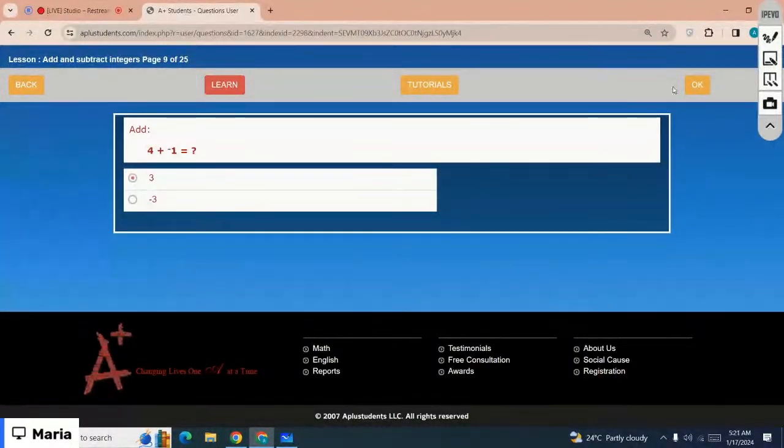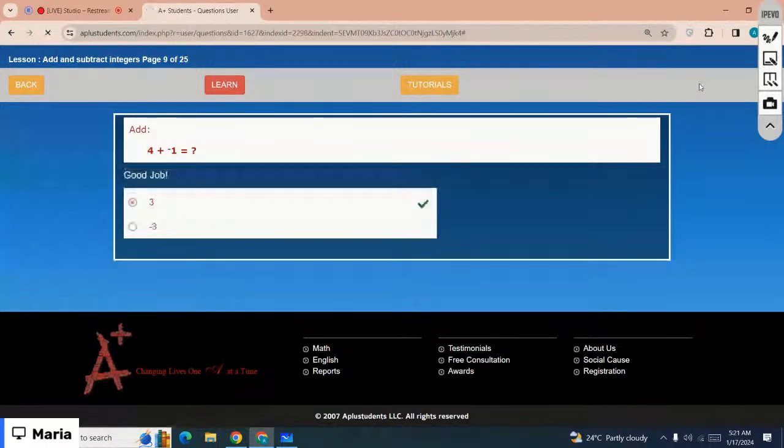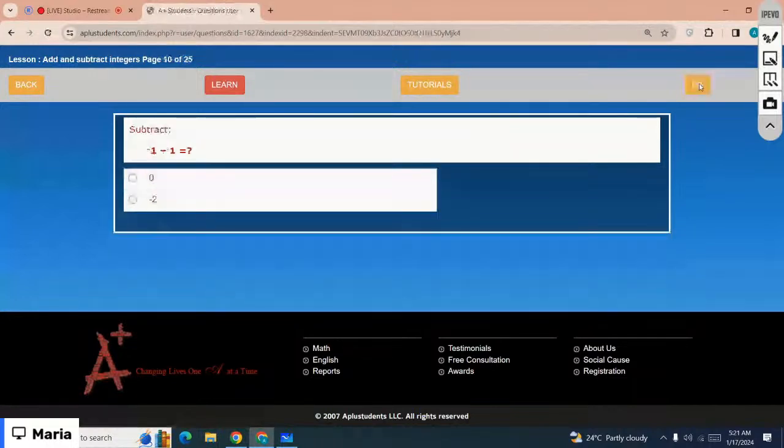The correct option is 3. The correct option is negative 2.